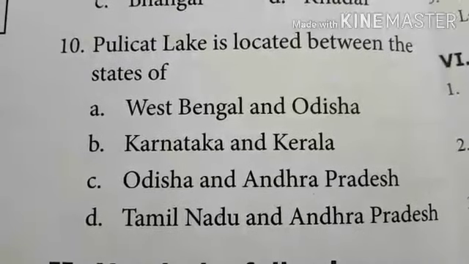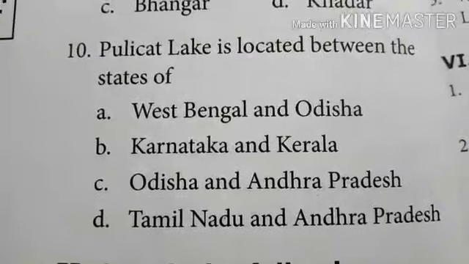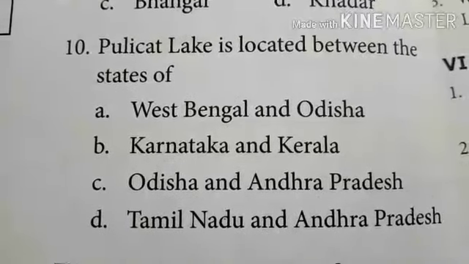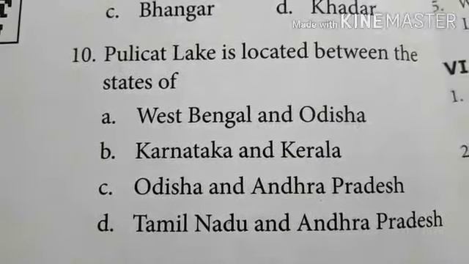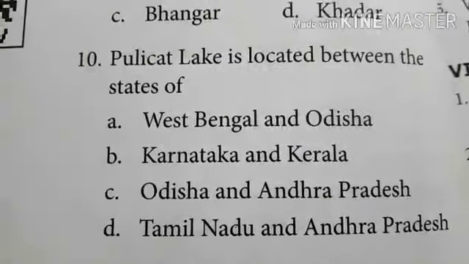Pulicat Lake is located between the states of: West Bengal and Odisha, Karnataka and Kerala, Odisha and Andhra Pradesh, Tamil Nadu and Andhra Pradesh.